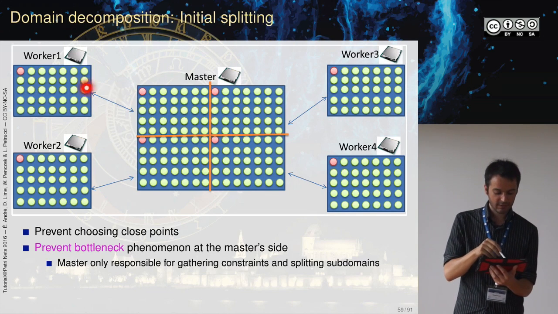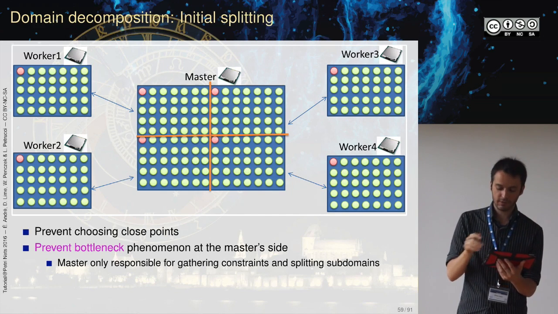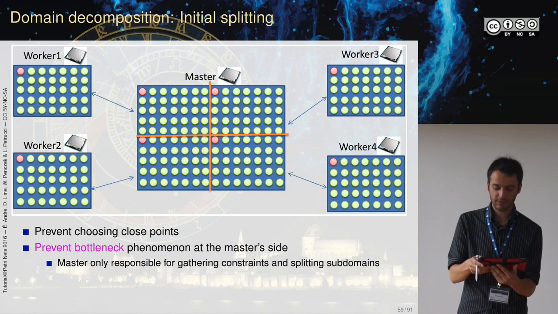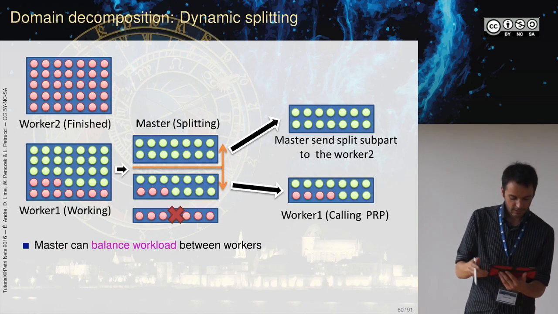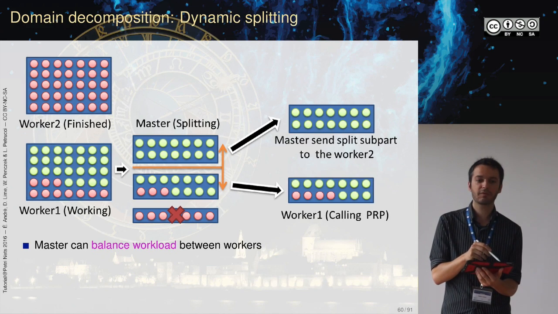So we split the domain and give a part to each of the workers, okay? And this has many advantages that make the efficiency higher. Then, during the algorithm, we have a dynamic splitting, where when a worker has finished covering all its points, it will ask the master for more work.